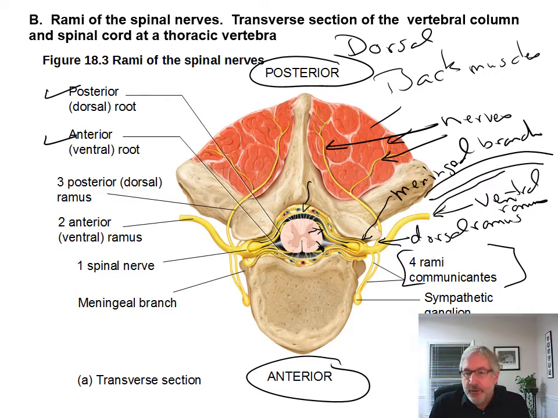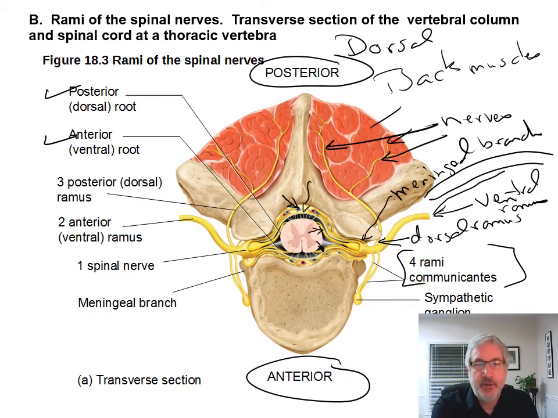The little blue circles in there, there's a blue circle right there, those are veins. So all those are veins in and around the fatty tissue that's all around the epidural space.